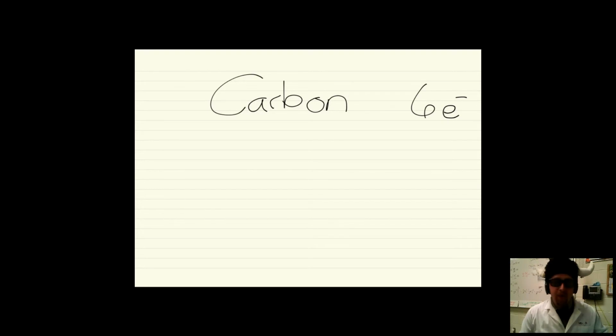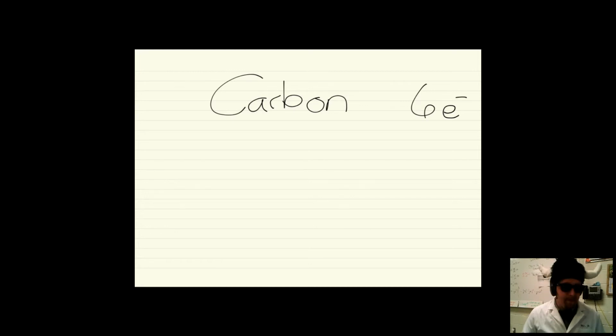Now, a couple things we're also going to have to do. We're going to want to write its electron configuration right from the beginning. So not the noble gas configuration or the abbreviated configuration as it's called, but the full electron configuration. For carbon, it's not such a big deal because there's only 6 electrons.